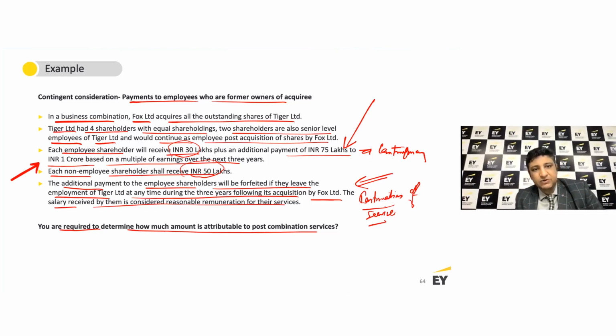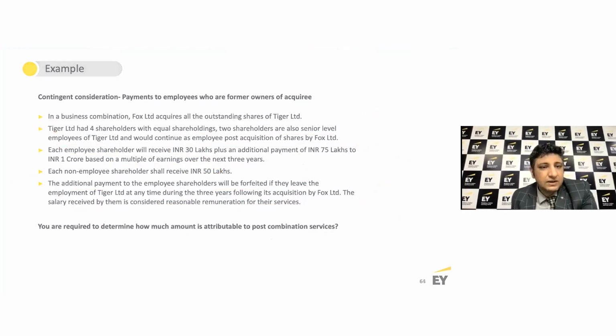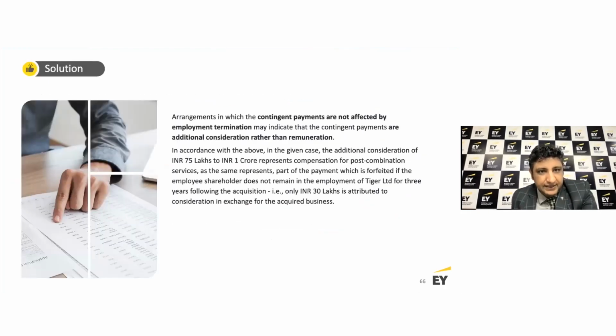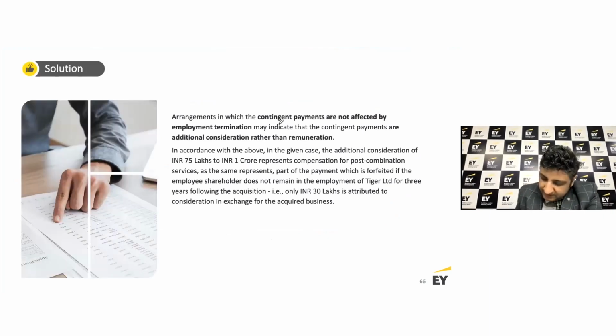Right. So when you look at that aspect of post combination service, this contingent consideration, this additional payment, shall be considered from that perspective. Okay, that's something that we want to talk about here, is that when you look at the arrangement in which the contingent payments are not affected by employee terminations, that would be an additional consideration.